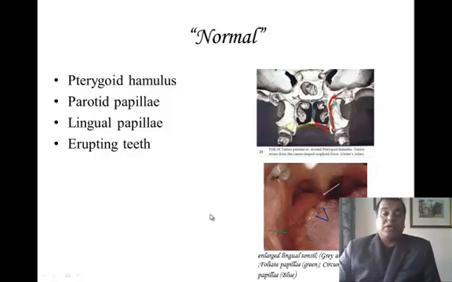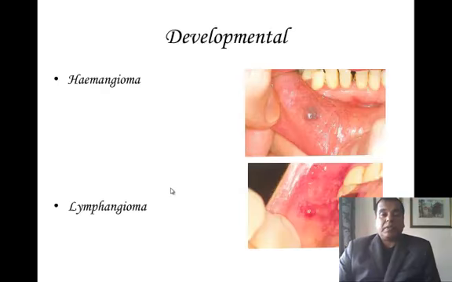Erupting teeth may also bulge out of the alveolar mucosa and may create some alarm to either patients or the inexperienced clinician. In a developmental sense, we can look at hemangiomas, which is a vascular lesion usually present at an early age or even at birth.